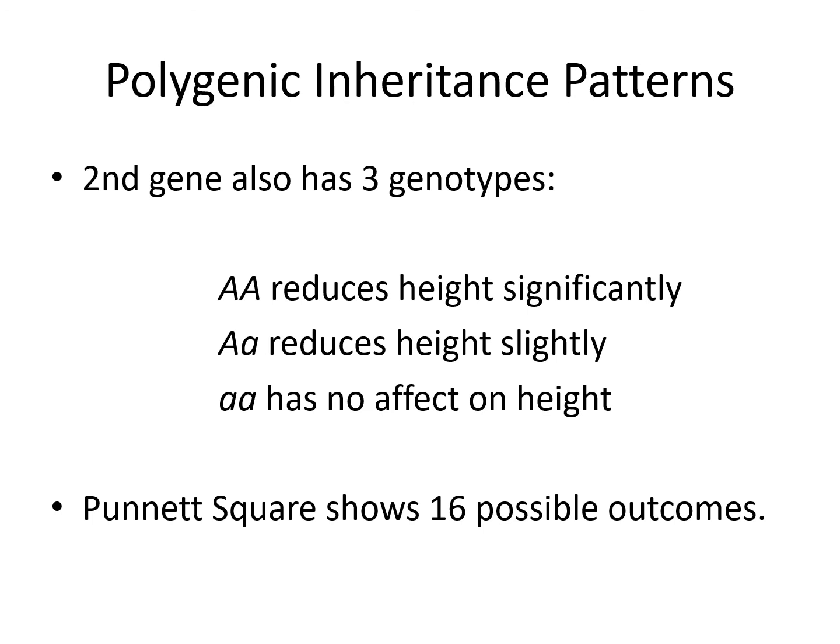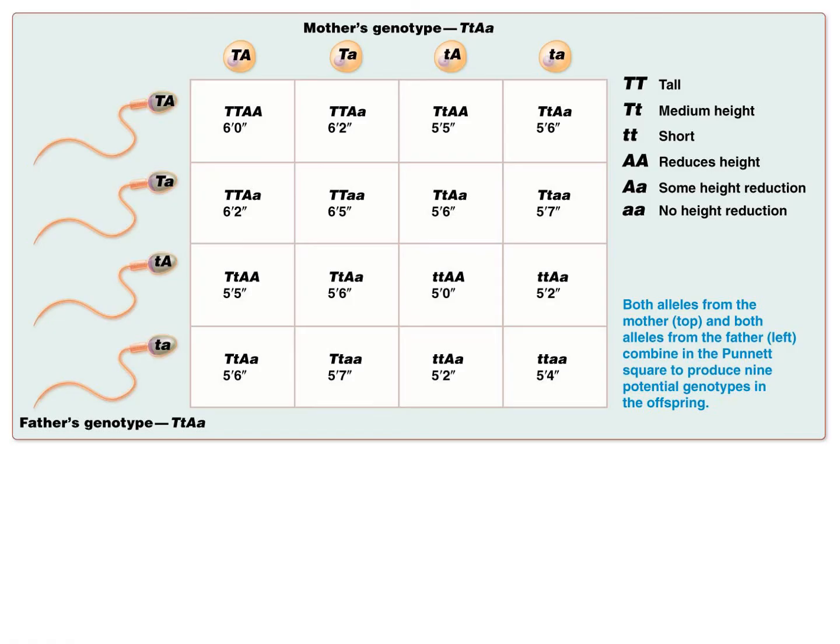And so if you do the Punnett Square, it's going to get a little more complicated now because we have 16 possible outcomes. So now our Punnett Square is a lot bigger. Since we have multi-gene traits, the alleles that can be given by the mother and the father, there's going to be 4 of them now. So you can have big T, big A, big T, little a, little t, big A, little t, little a. Likewise, the father can give big T, big A, big T, little a, little t, big A, little t, little a.